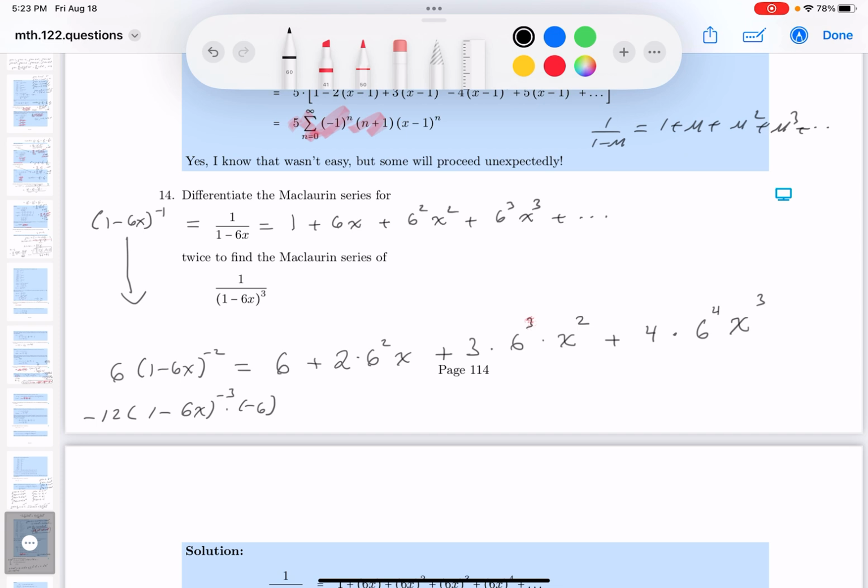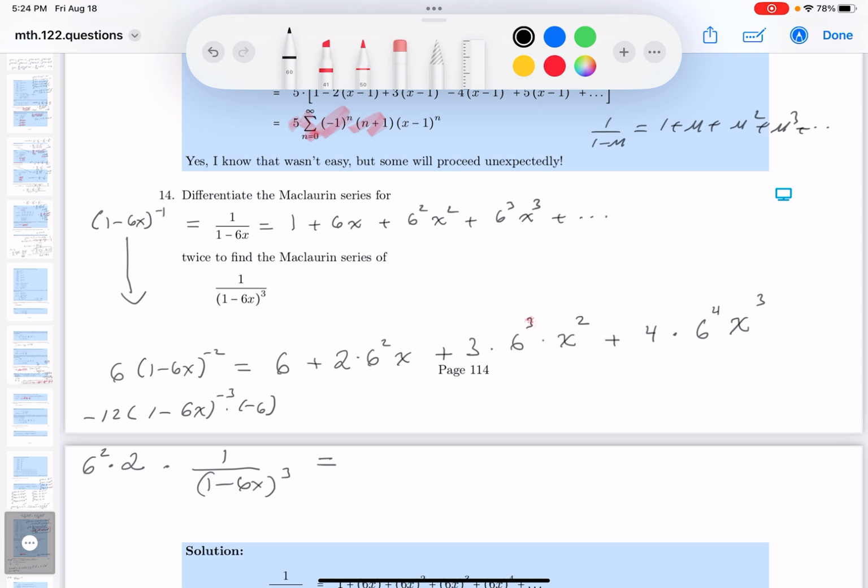And 6 times 12, I'm going to write a little funny for you. I'm going to write it as 6 squared times 2. Because minus 12 times minus 6 is definitely a positive number. 12 is 2 times 6. 2 times 6 times 6 is 6 squared times 2. And then I'm going to put a dot here and 1 over 1 minus 6x cubed.